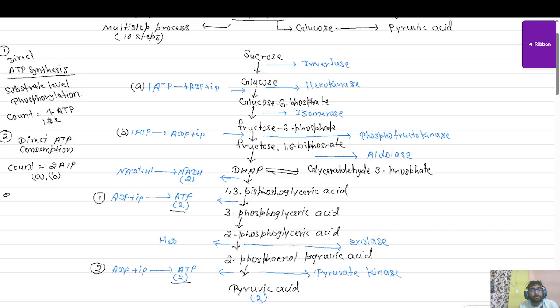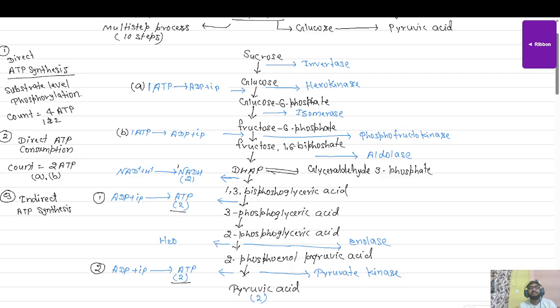Now the third one, where indirect ATP synthesis occurs. What do you mean by indirect ATP synthesis? Here, NADH has been formed.